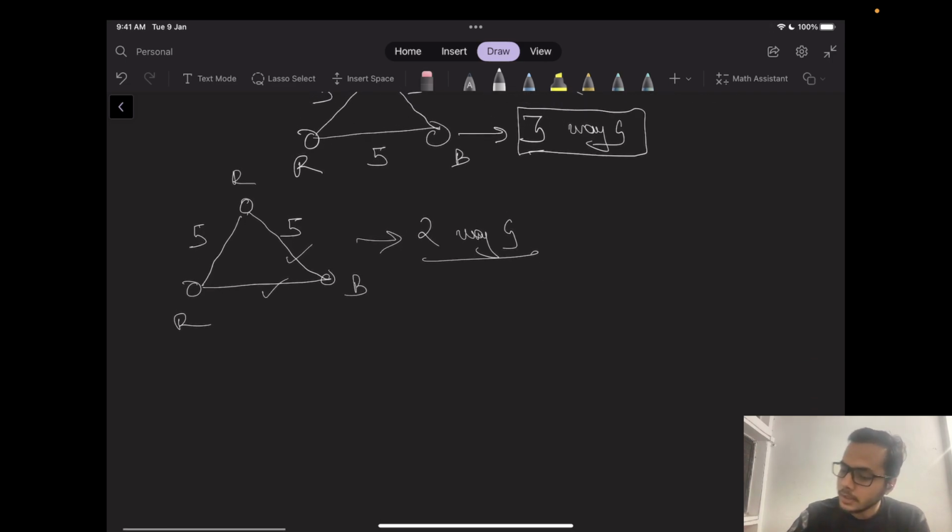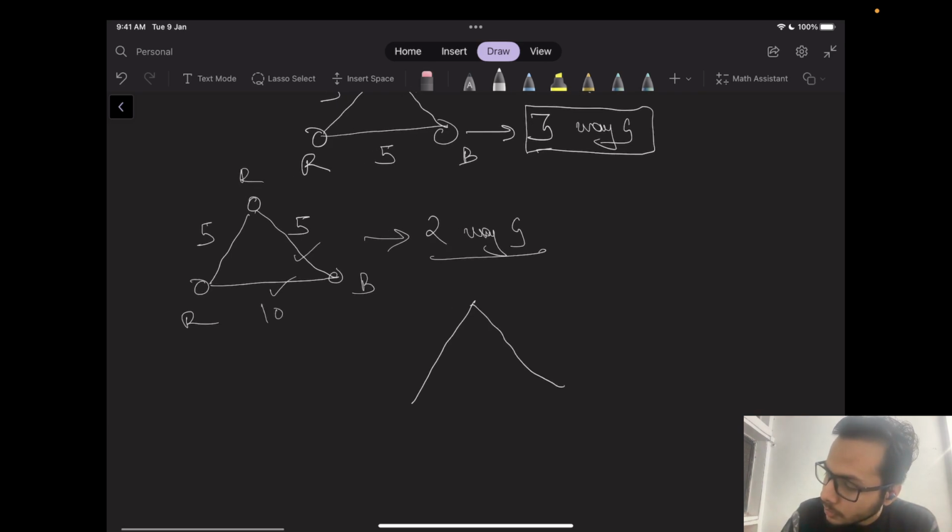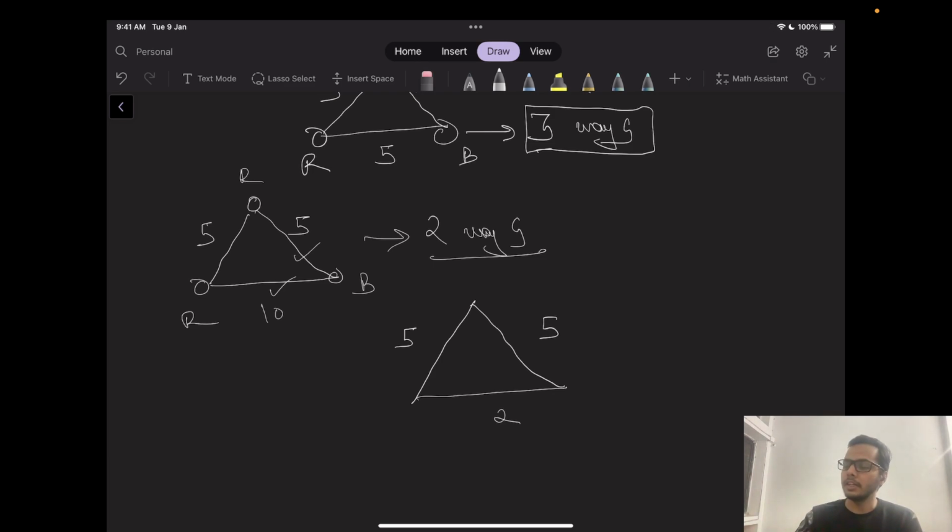The third case is that instead of having 5, 5, 10, you have something like 5, 5, 2. Now, in this case, again, you can see that there is exactly one way because there are no two ways to choose edges. You are sure that you will choose exactly these two edges. So there is one way. Essentially, there are four cases.